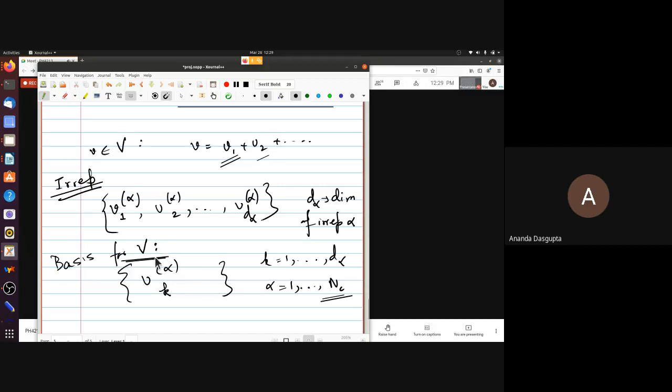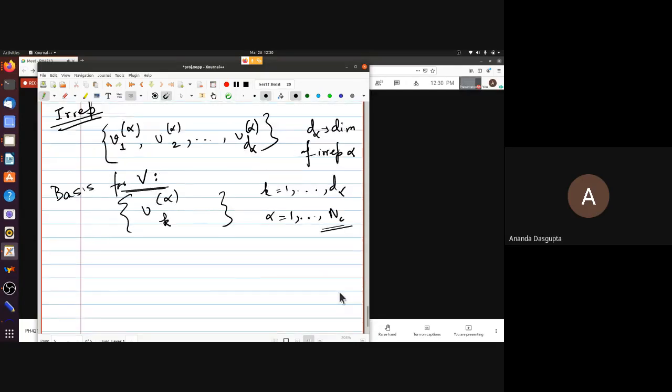Of the original vector space. But can you see something wrong with this? If you have followed what I am saying so far, you should be able to see that there is a gap in my reasoning somewhere. For example, if you looked at the example that we talked about right now, how many basis vectors? You have three irreps, right?